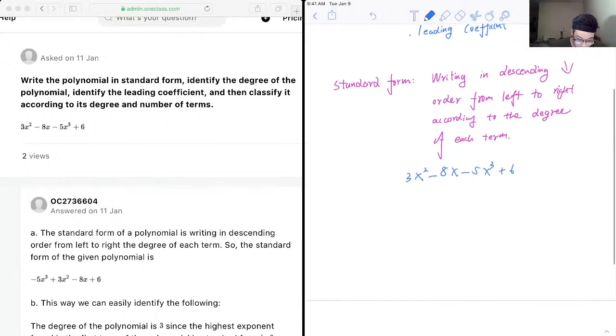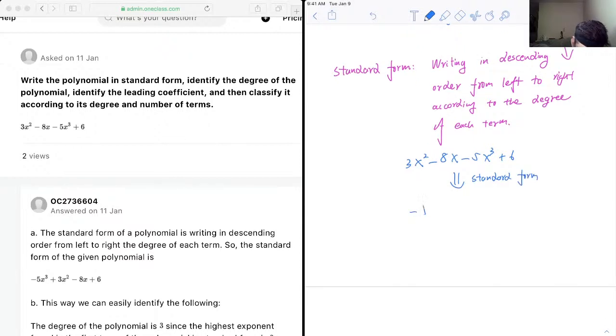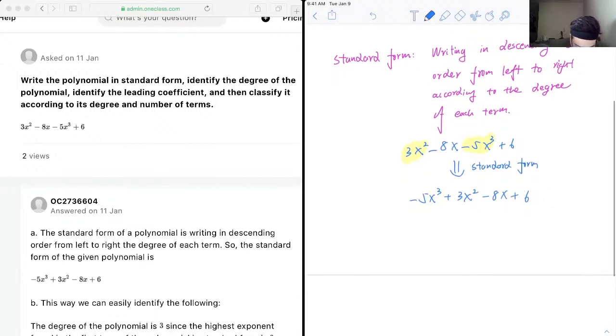If we want to convert this into its standard form, then it should be negative 5x cubed, since this term had the highest degree, and then plus 3x squared, since 3x squared had the second highest degree, and minus 8x, and then plus 6. That's what a standard form should look like.